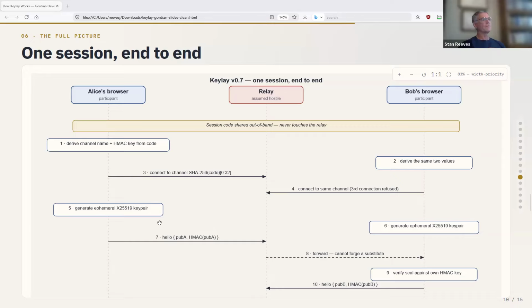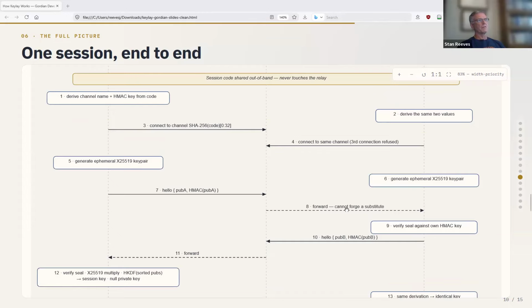From there, they generate these ephemeral key pairs, public and private. Bob does the same thing. Then they swap the public keys with authentication through the code and make sure that they're actually talking to the person that has that code. That guarantees forward secrecy.